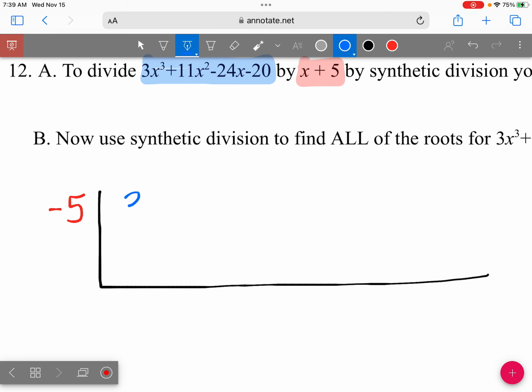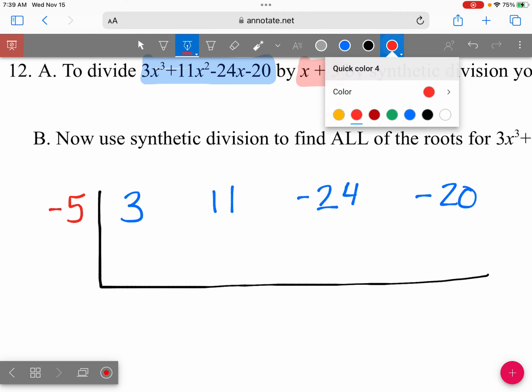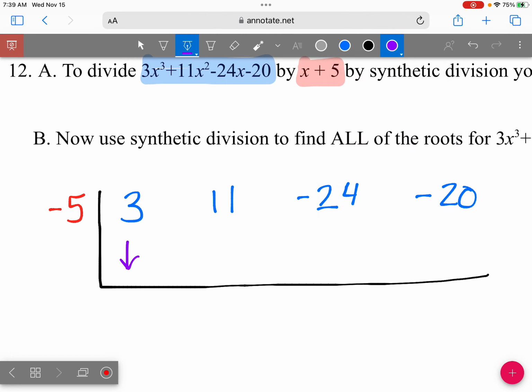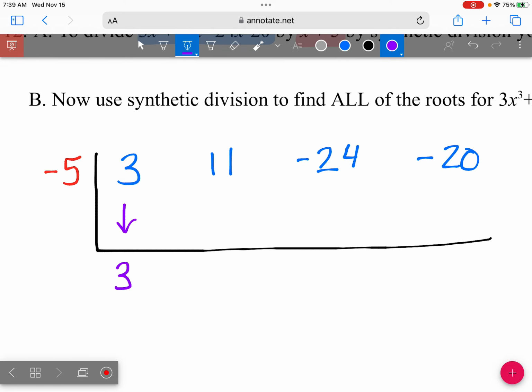Exactly right. 3, 11, -24, and -20. Then we're going to do the operations. First term is going to drop. Always does. That first term will always drop.